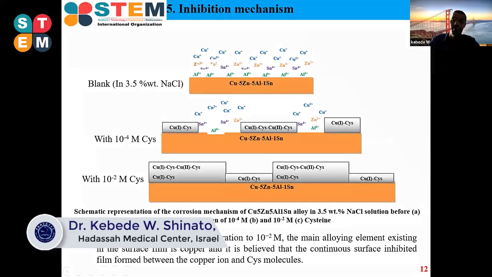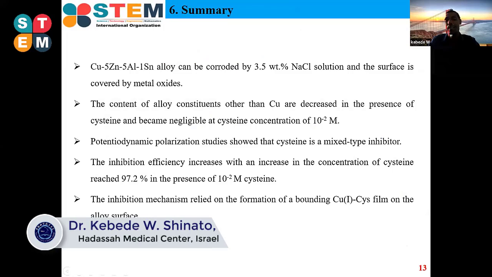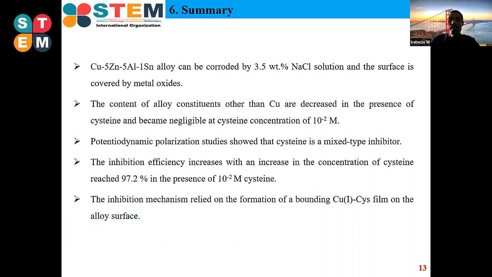As a conclusion, as a summary here, the copper 59 zinc 5 aluminum 1 tin golden alloy can be corroded by this chloride solution, and the surface is covered by metal oxides. The content of alloy constituents other than copper decreased in the presence of cysteine and became negligible at a cysteine concentration of 10 to the power of minus 2 molar.